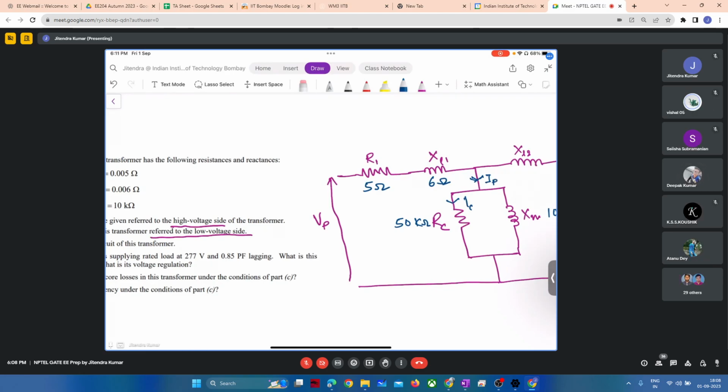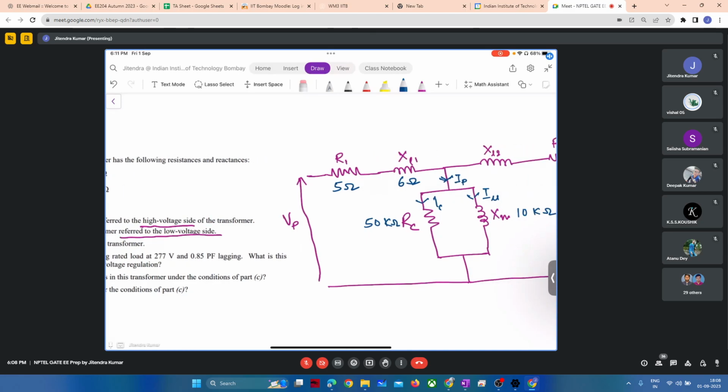So reducing the current in XM will improve the power factor of the transformer, and if you are able to reduce the core loss component current, eventually you are reducing your core loss, right?